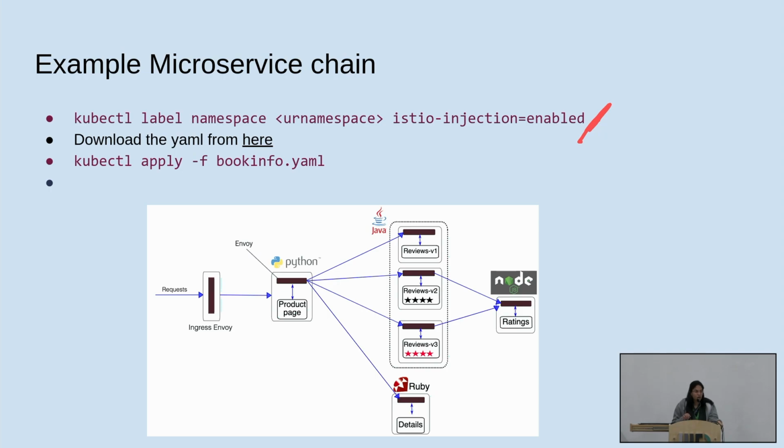I'm hoping you guys are on your namespace itself. If not, the kubectl set-context command that we had shared at the start of the last session, use that to go to the namespace that you've been working on last session, right? Just go to that namespace and run this first command of enabling Istio for your namespace.